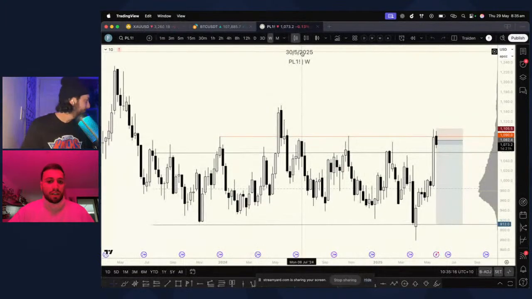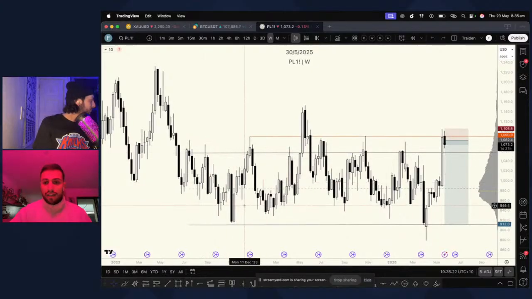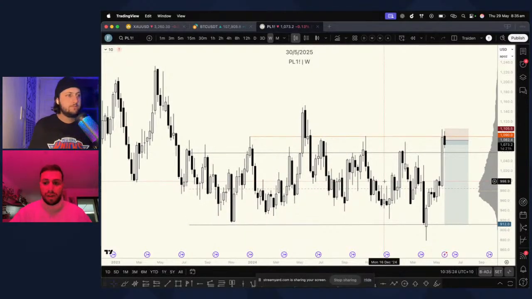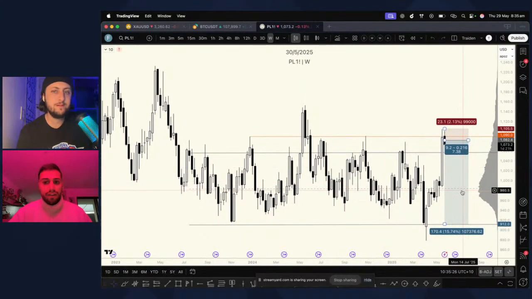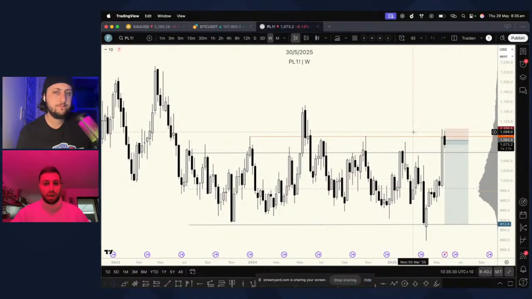So my trading style will change as long as I can make sense of it. To me, this range here, just drawing the line high and low, makes absolute sense on platinum, and I'm happy to take it. You get a beautiful risk to reward, and the lines are respected, so I'll take it.